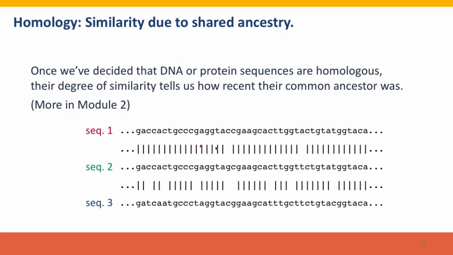And we see that the first 2 species differ only at 2 positions. So we infer they had a very recent common ancestor. However, sequence 2 and sequence 3 are much more different. They're different there. And we infer that sequence 3 has a more distant ancestor from sequence 2 than sequence 1 does. We'll talk more about this in module 2.